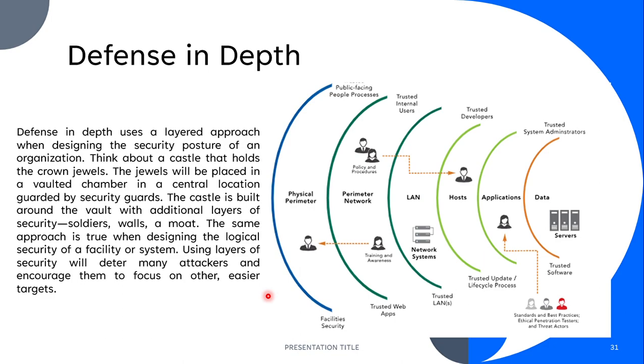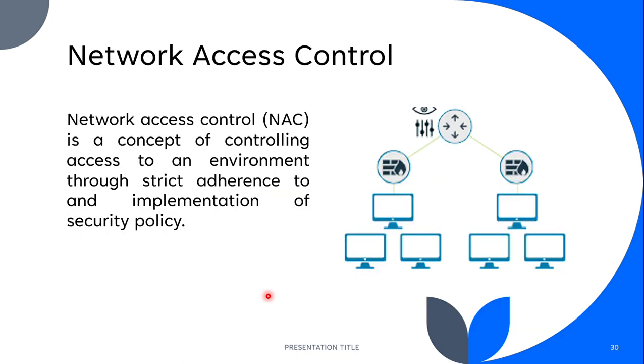So I'll come back to this slide now. Let me take network access control. Network access control is a concept of controlling access to an environment through strict adherence to and implementation of security policy.